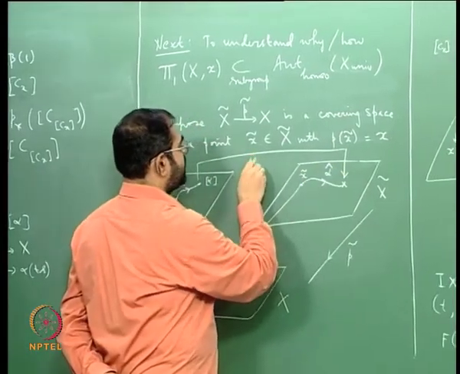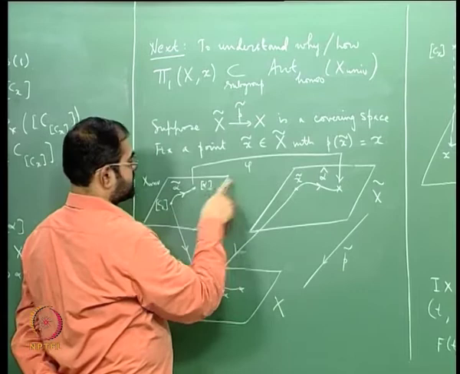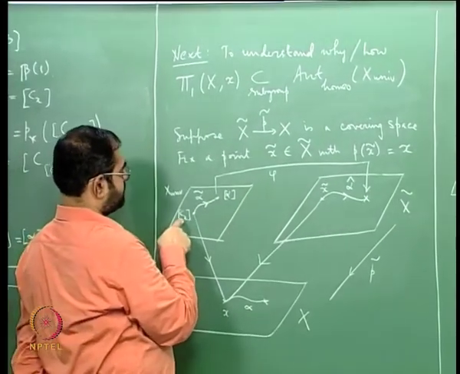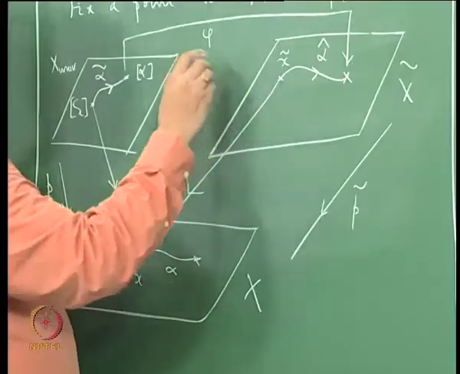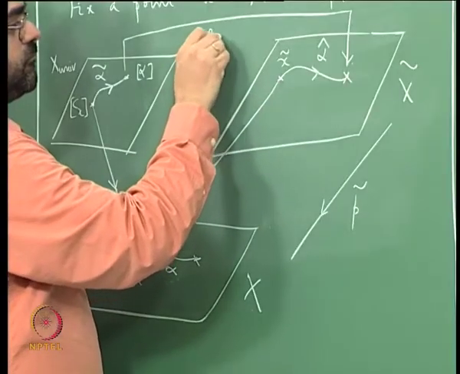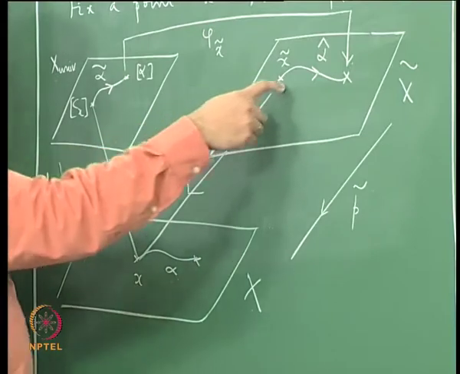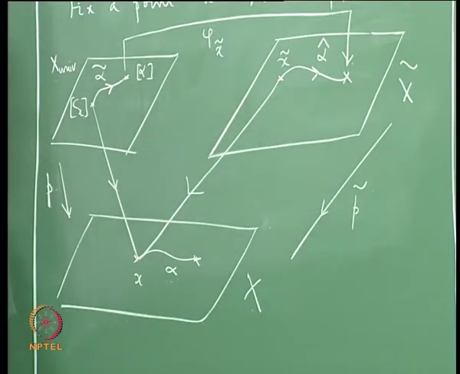So this is my map phi, and this map depends on this x tilde that I have fixed there, right. So let me write that down.